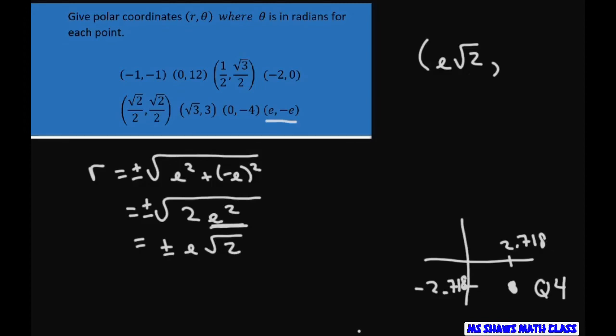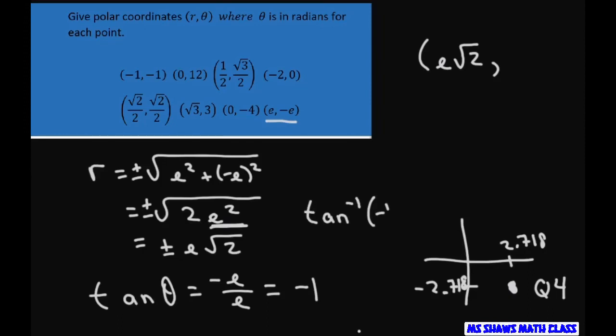So now let's do tan θ equals -e divided by e, which equals -1. So remember, for inverse tan, you're doing tan inverse of -1.